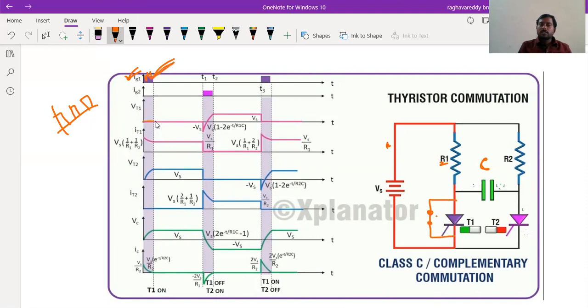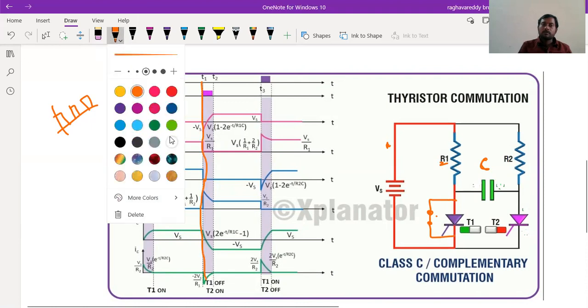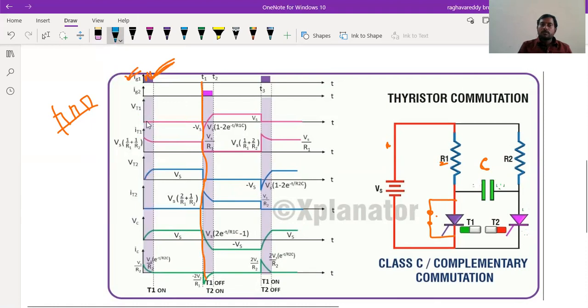So the voltage across the thyristor will be short circuited. Up to this point only I'm discussing. Now the voltage across thyristor T1 is 0 when the gate pulse is given to thyristor T1.